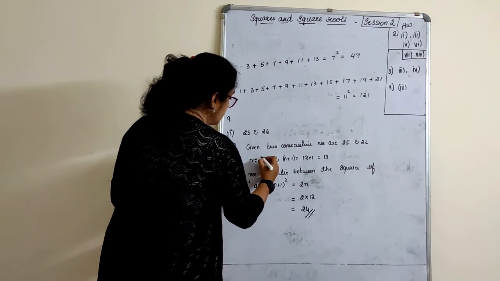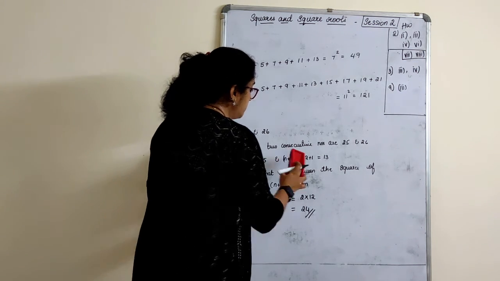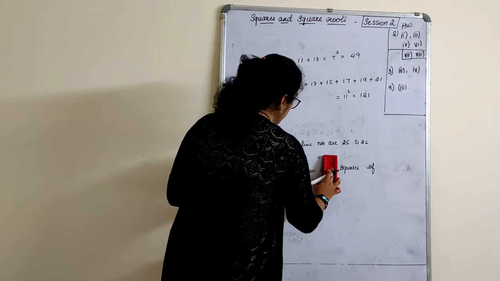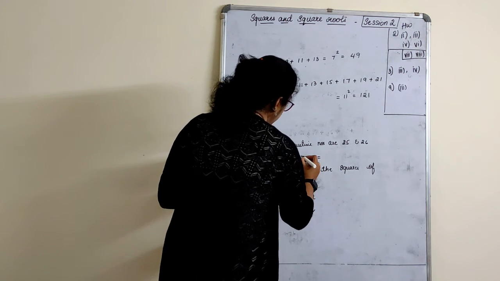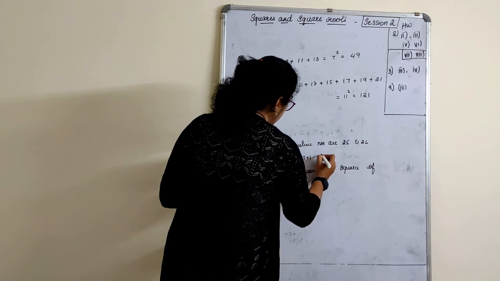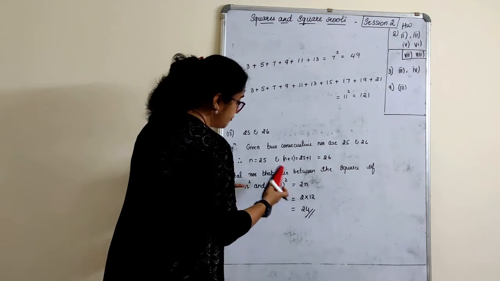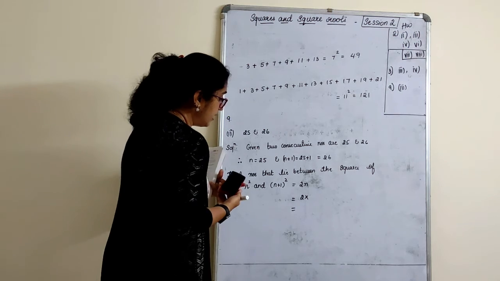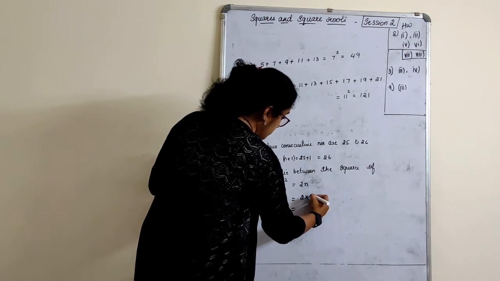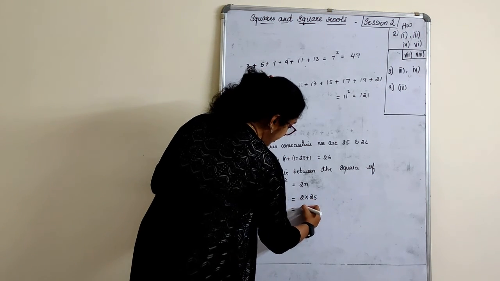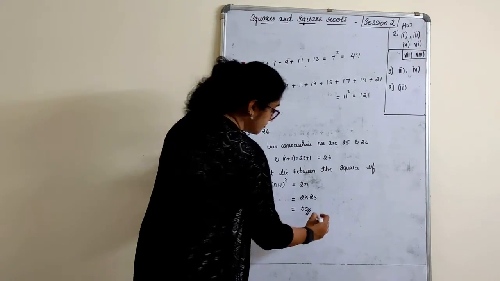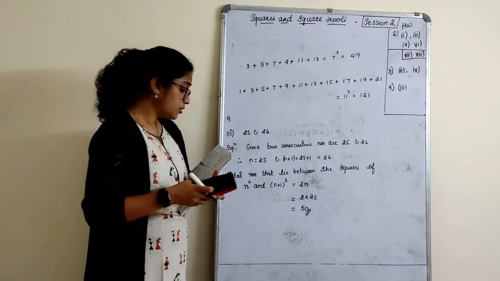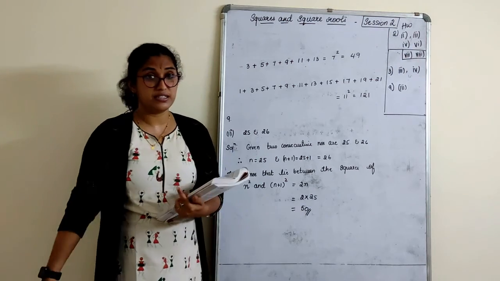Therefore, n is equal to 25 and n plus 1 is 25 plus 1, 26. Therefore, the numbers which lie between n square and n plus 1 whole square are 2 into 25, that is 50. Clear? With that, we complete the first exercise.